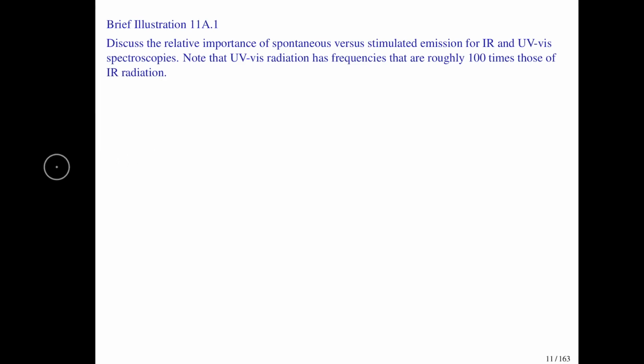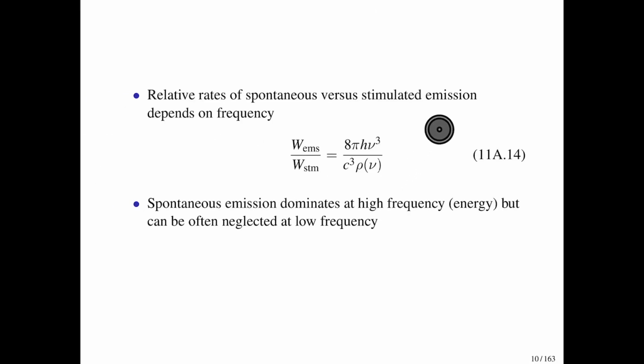So going back to the equation here, for UV-vis, this number nu is 100 times greater than it would be for IR. And so that tells us that for UV-vis, the spontaneous emission is going to be dominant, whereas for infrared, the stimulated emission will be more important.